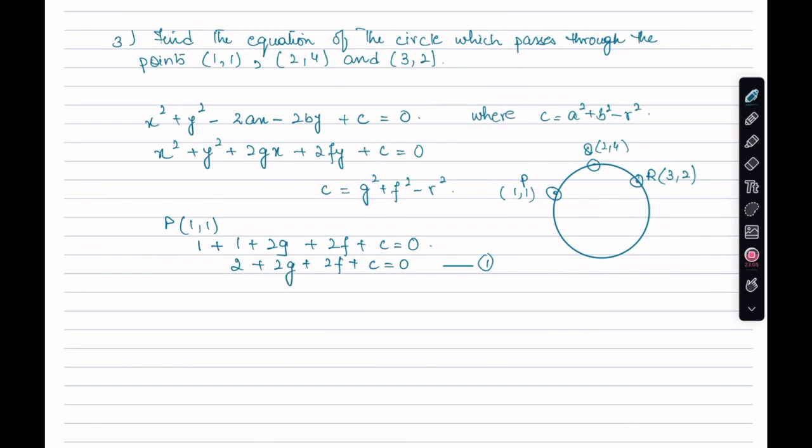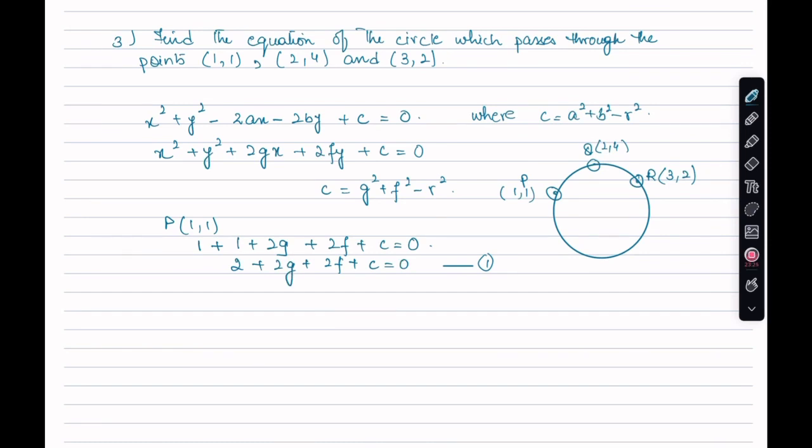So substituting the coordinates of the point P, which are 1 comma 1, for x and y in the general equation, I can say this is 1 plus 1 plus 2g plus 2f plus c equals 0, or 2 plus 2g plus 2f plus c is equal to 0.